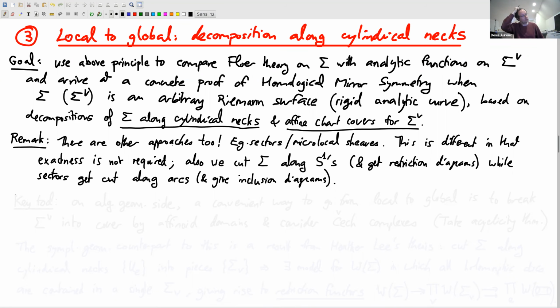And maybe the reason I'm attached to this one is that in algebraic geometry, it's very common to calculate things on smooth projective varieties by taking affine open covers and doing, say, some Čech complexes for that.